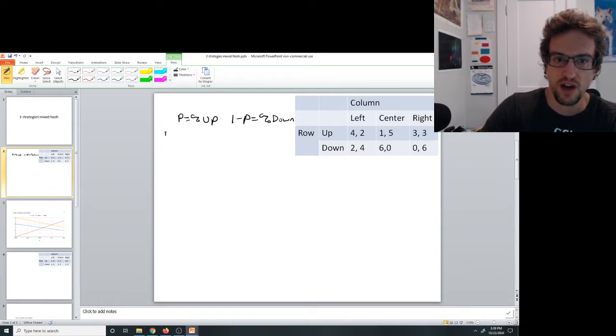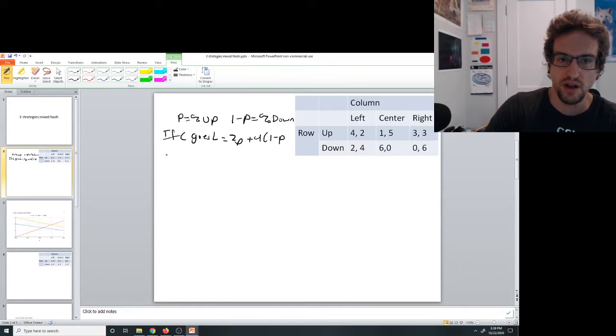So that means if column goes left, the payoff is 2P plus 4 times 1 minus P. Let's simplify that a little bit. So this is 4 minus 2P.